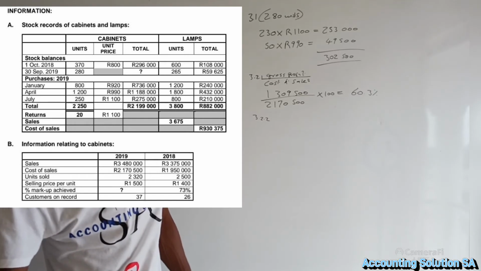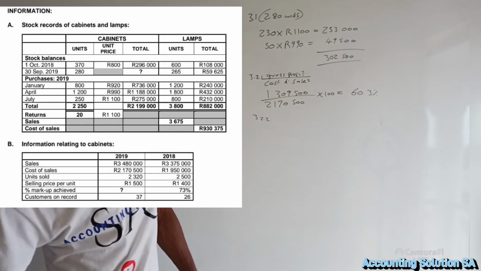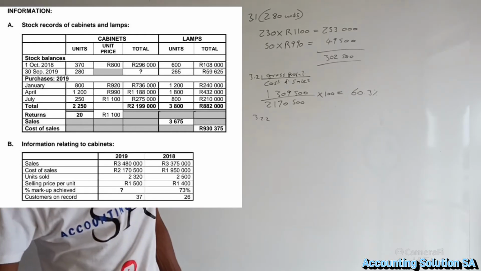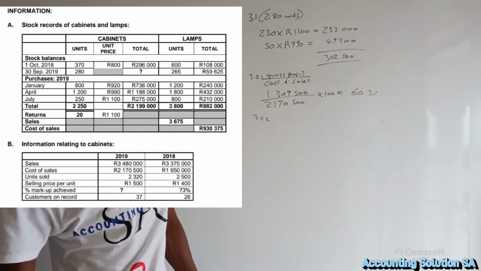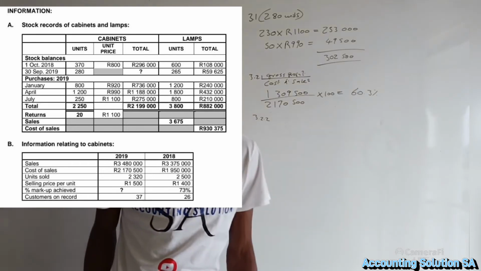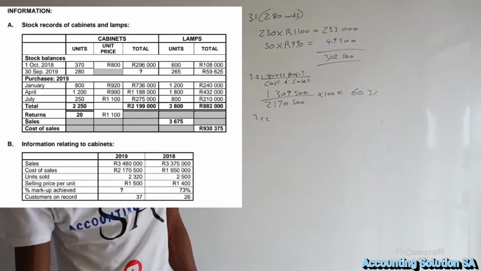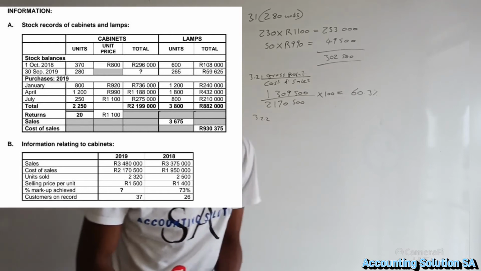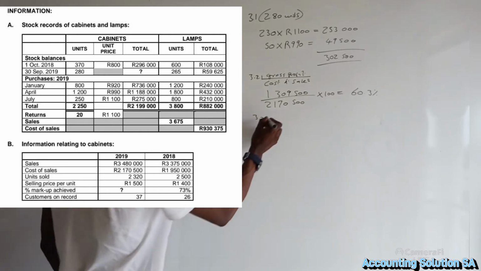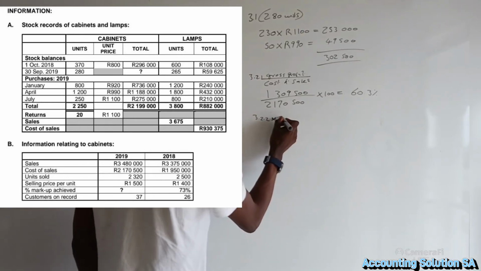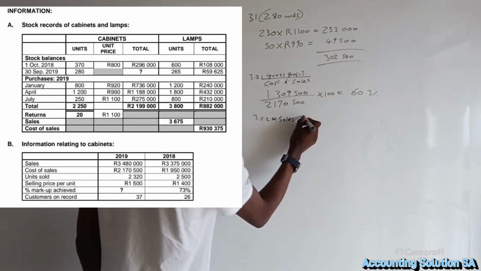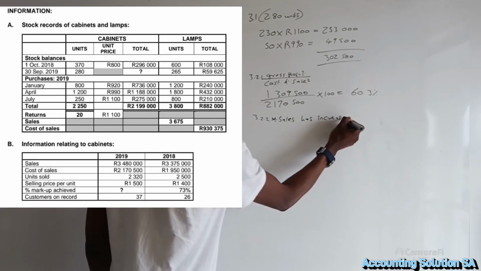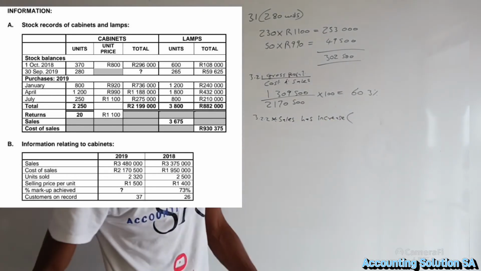Now, let's check. If you check, our sales amount has increased from how much? From 3.3 million to 3.4 million. Our amount of sales has increased. I'm not going to write the full amount.